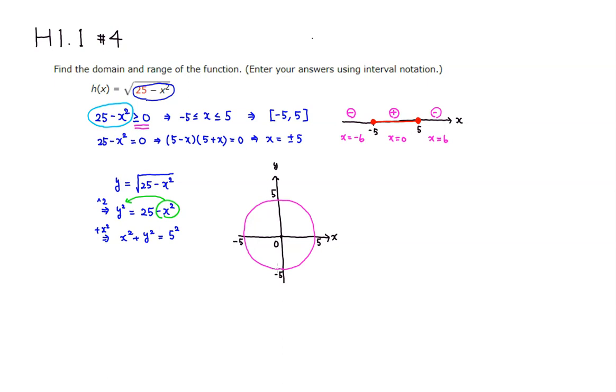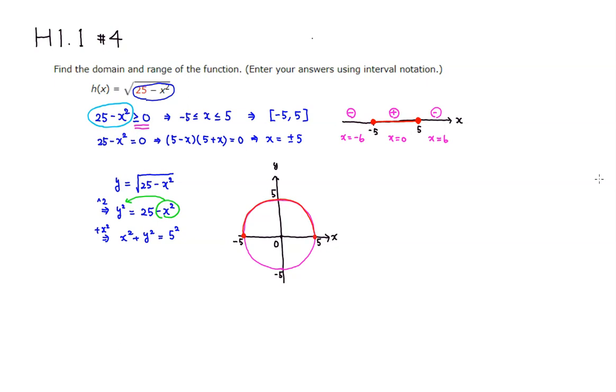All right, but we have to be a little bit careful. The original equation is y equals square root of 25 minus x squared. Since it's a positive square root, it never gets the bottom half. It actually only takes care of the top half of the circle, so the top semicircle.